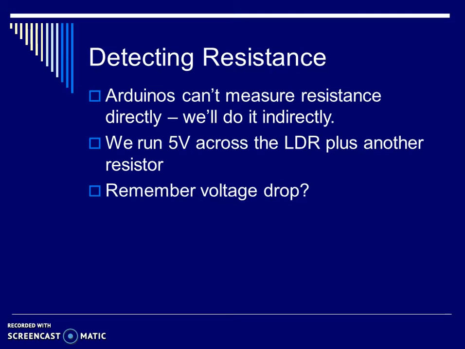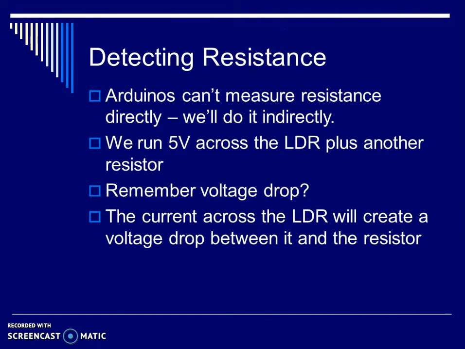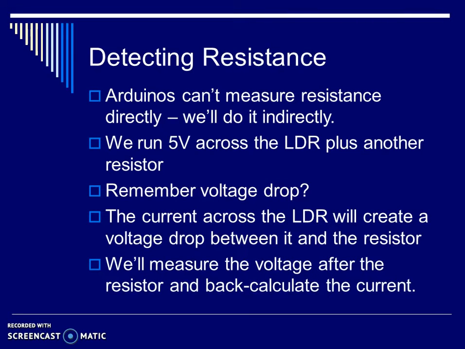And some of us remember voltage drop from the earlier circuits unit. So the current that's running through the LDR will create a voltage drop between it and the resistor. And so what we can do is measure the voltage after the resistor and just back calculate the current from there.